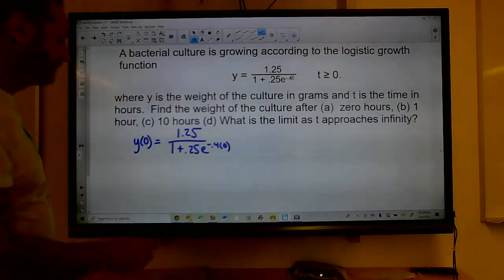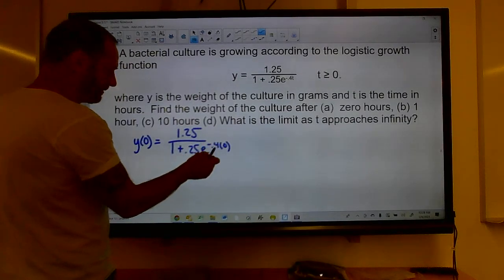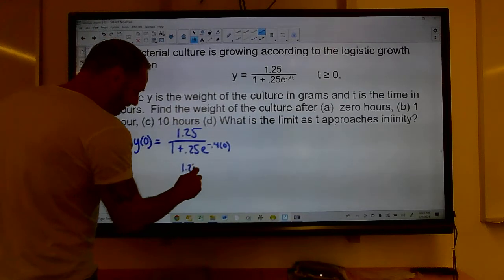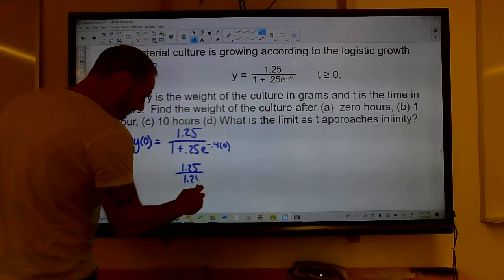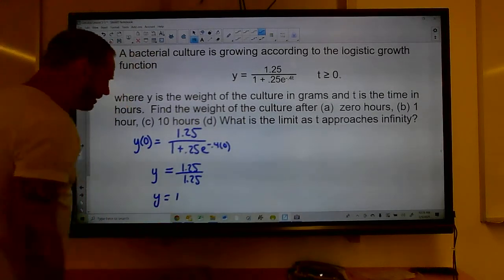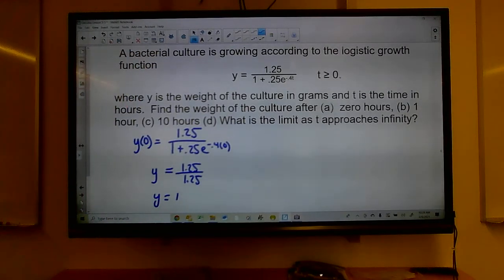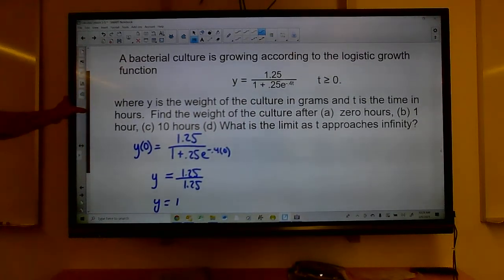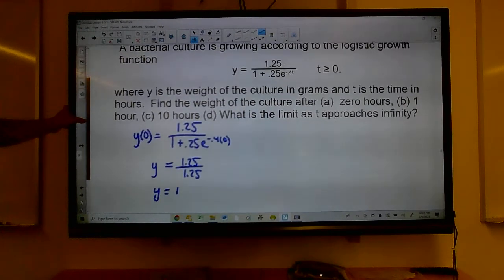All right, well that's just going to be 0. e to the 0 power is going to be 1. This is going to be 1.25 over 1.25, which is going to be 1. Okay, which makes sense. At time 0, we have whatever it is we started with here in grams. So we have 1 gram.